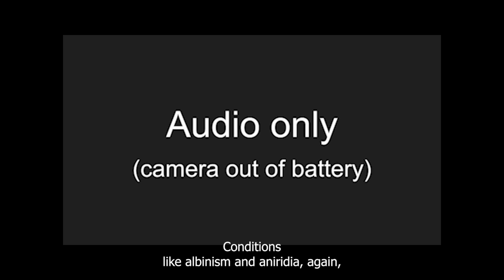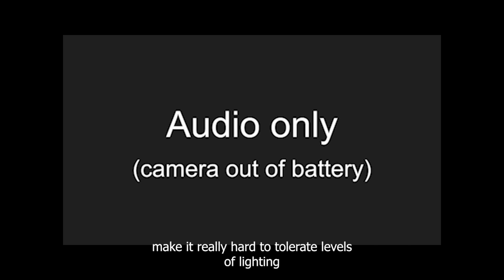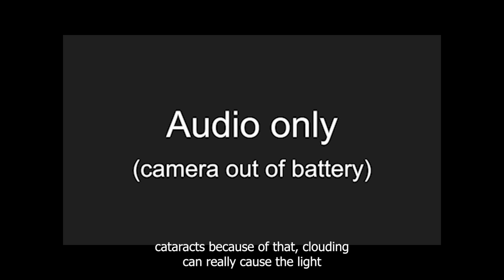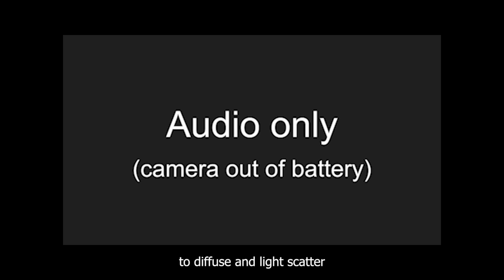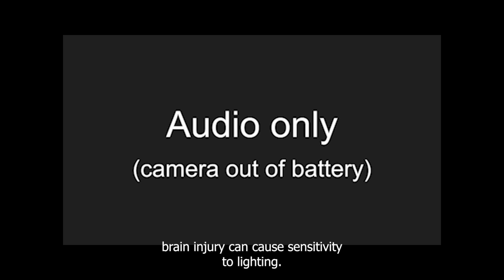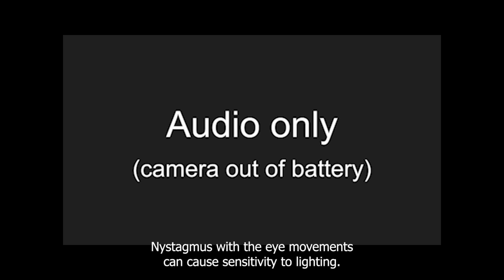Conditions like albinism and aniridia, again, make it really hard to tolerate levels of lighting. Cataracts, because of that clouding, can really cause the light to diffuse and scatter. Brain injury can cause sensitivity to lighting. Nystagmus with the eye movements can cause sensitivity to lighting.